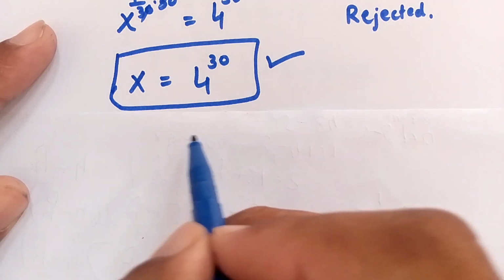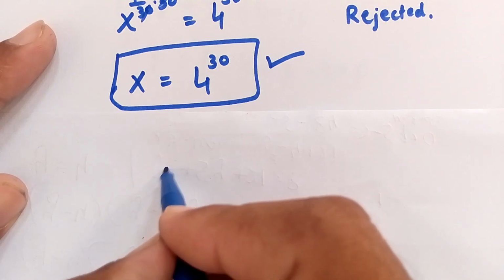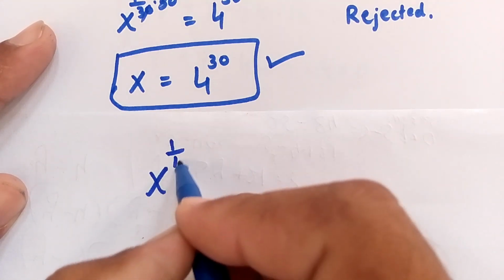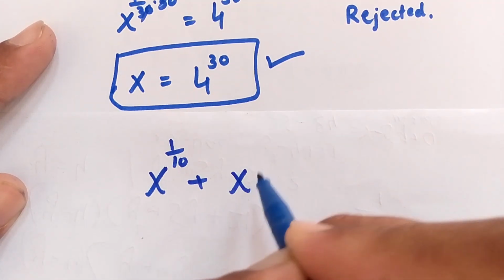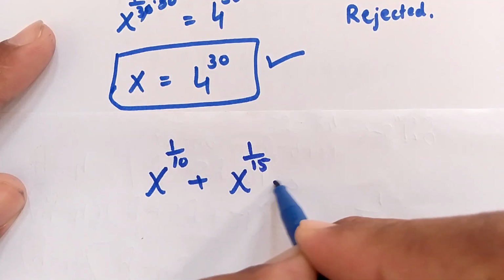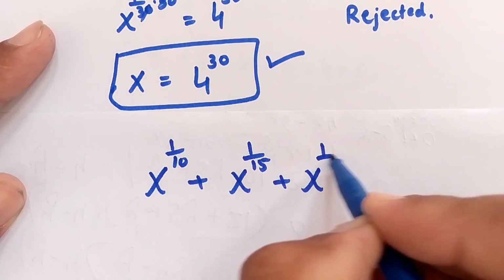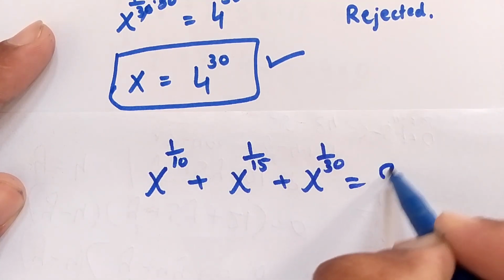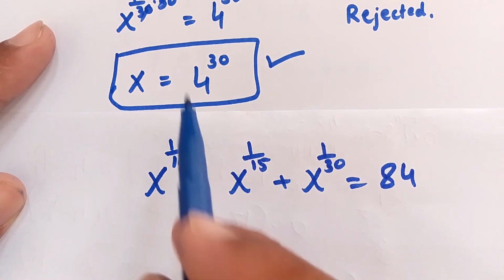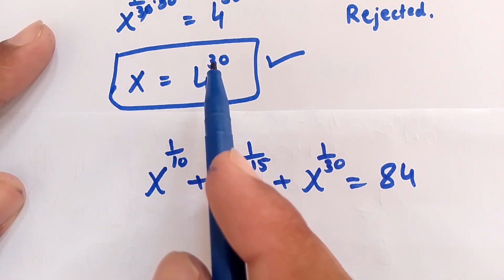To check this, we know that the question is x^(1/10) + x^(1/15) + x^(1/30) = 84. Now we have to put the value of x as 4^30.